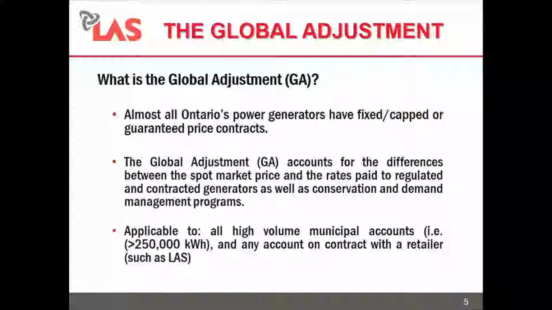I think people have already heard about global adjustment on the news many times, and people and politicians talk about it. So what is the global adjustment? One thing we need to mention is that in the Ontario power market, the majority of our supply resources, the generation resources, already have either a fixed price contract or a capped or guaranteed price contract.